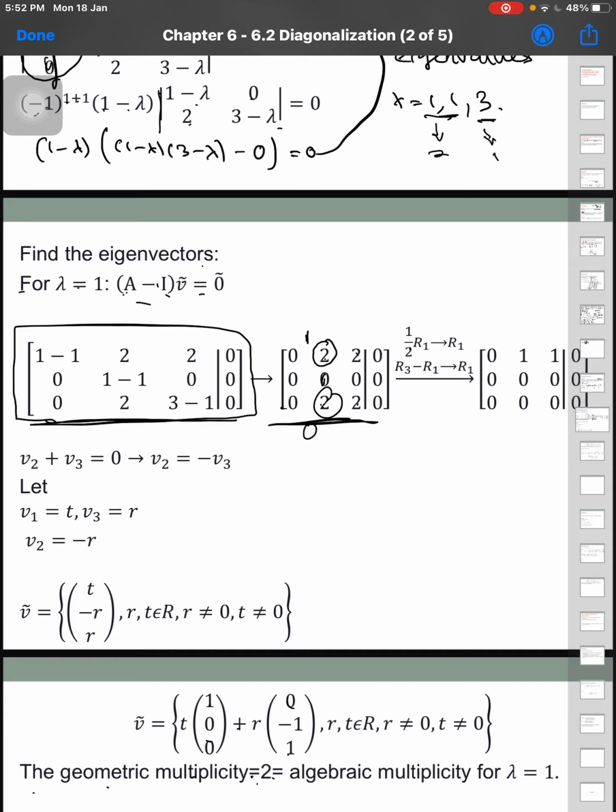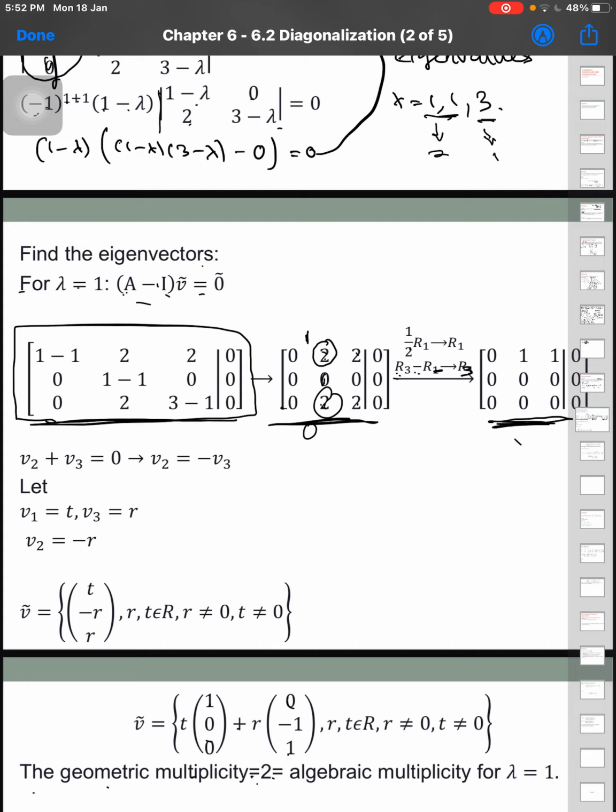Nanti saya tak payahlah nak buat kat sini row 3 tolak 2, row 1 ke semua. Saya terus tolak dia 2 tolak 2. Therefore I use row 3 minus row 1 and put back at row number 3. Ni saya salah. Okay, so row 3. After applying this formula, I have this matrix.